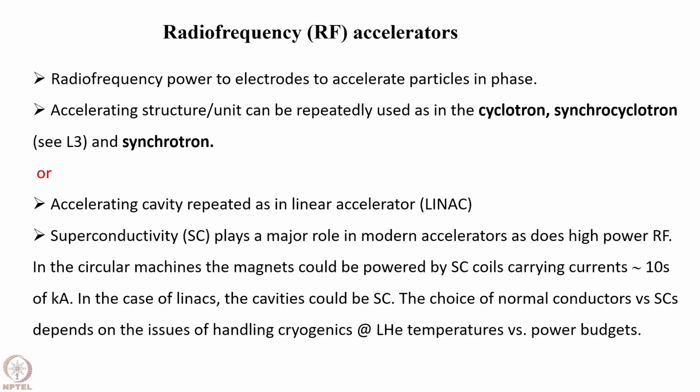So you can get very high voltages with a very small amount of input power. In room temperature LINACs, this power can run into literally hundreds of kilowatts or even megawatts, whereas in the superconducting case, it is hundreds of watts. You have a huge saving.